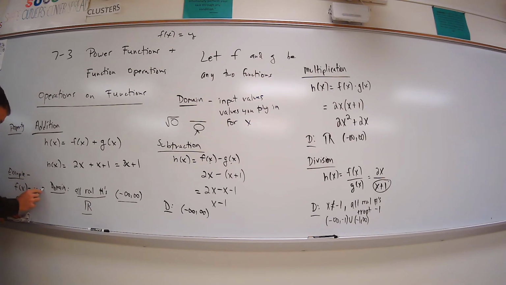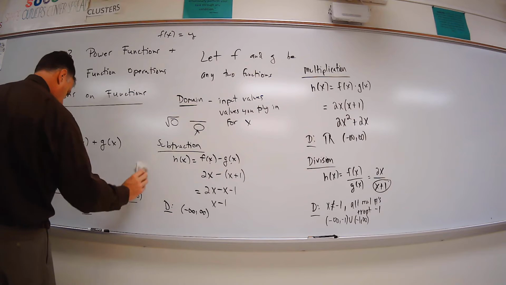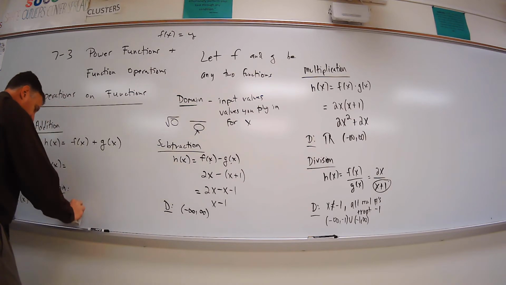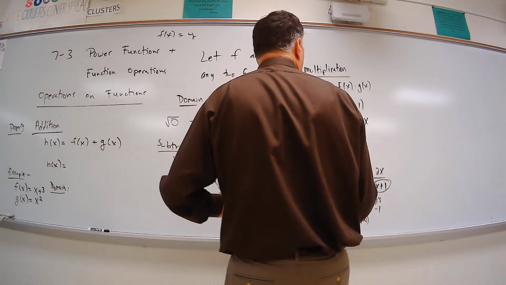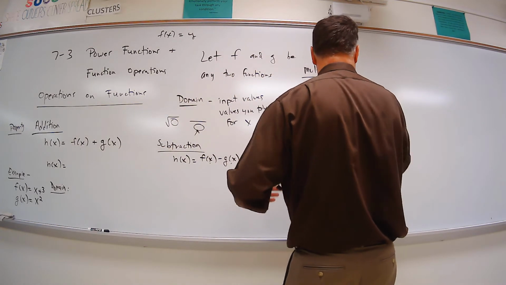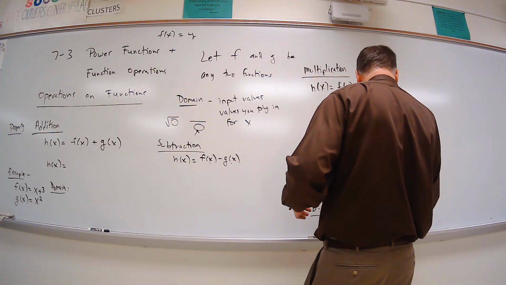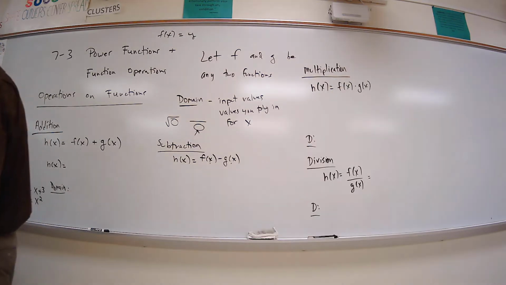Let's make that x plus 3, and then let's make g of x squared. Okay? And I want you guys to go through and do the same thing that I just did for all of these. And then we'll do another example. Okay, this is kind of an easy example for you. So pause the video and give that one a shot, and then we'll put the answers up and see how you guys do.